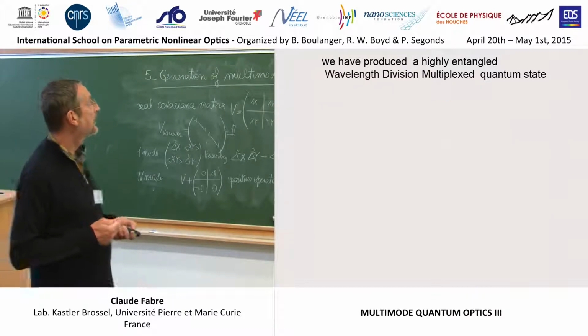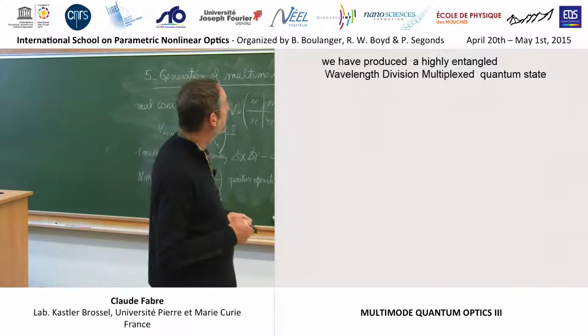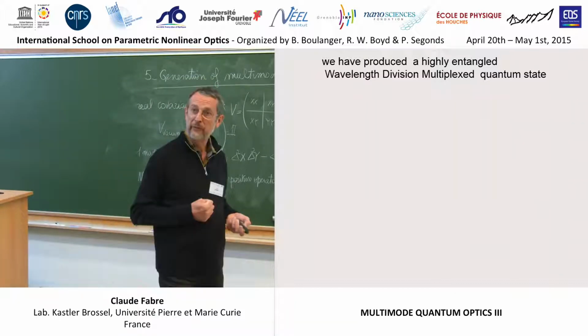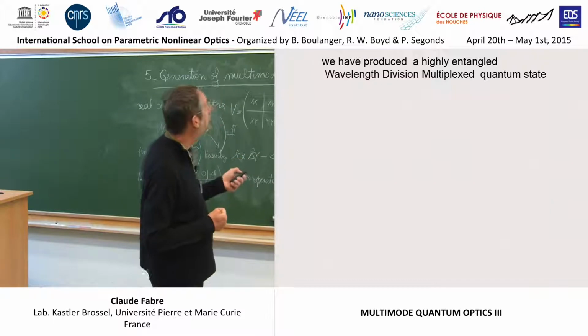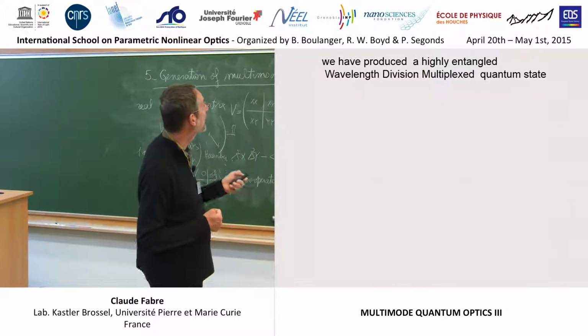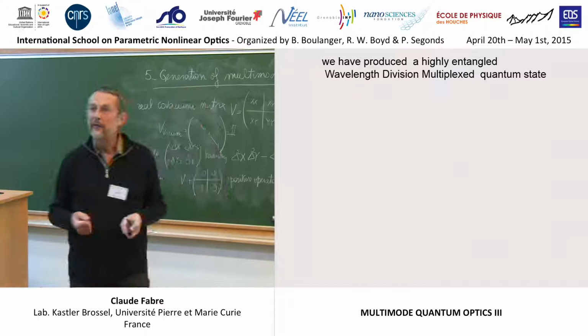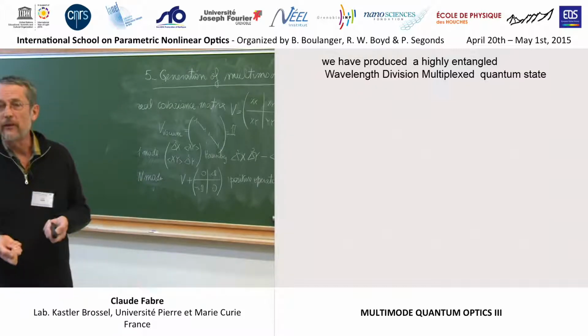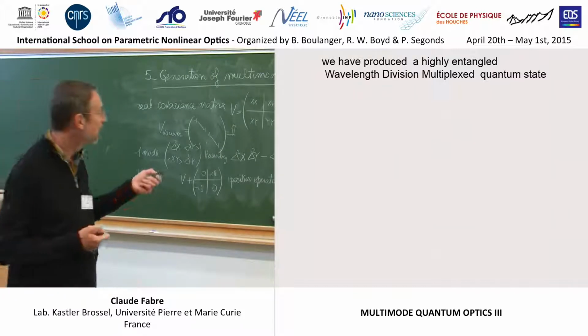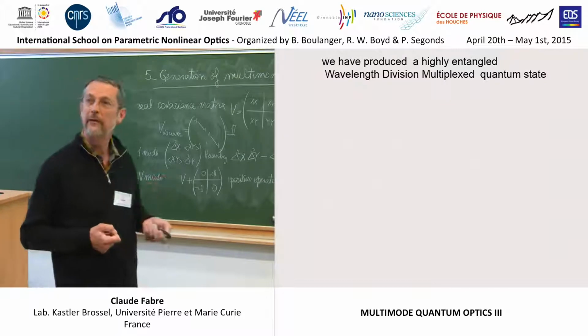So the system that we have built is able to produce highly entangled quantum states that we can call WDM, just for commercial purposes. It's the same wavelength division multiplexing that is used in fibers for communications, but for us, we have added a quantum flavor to it.